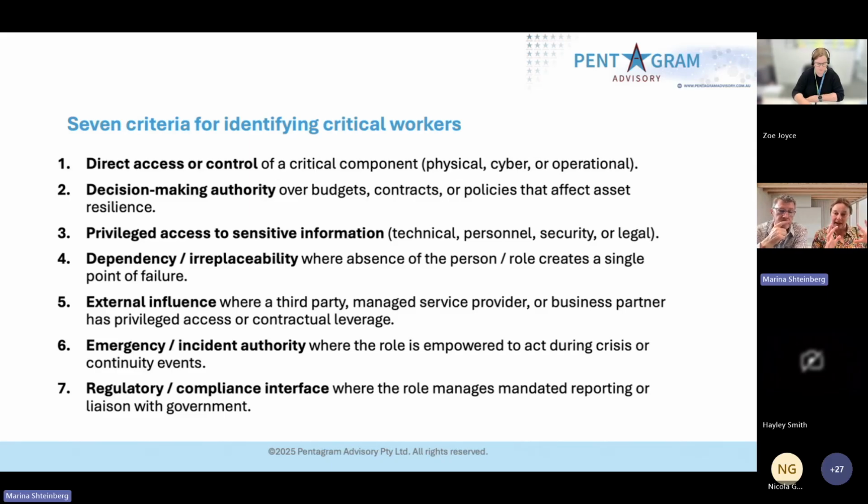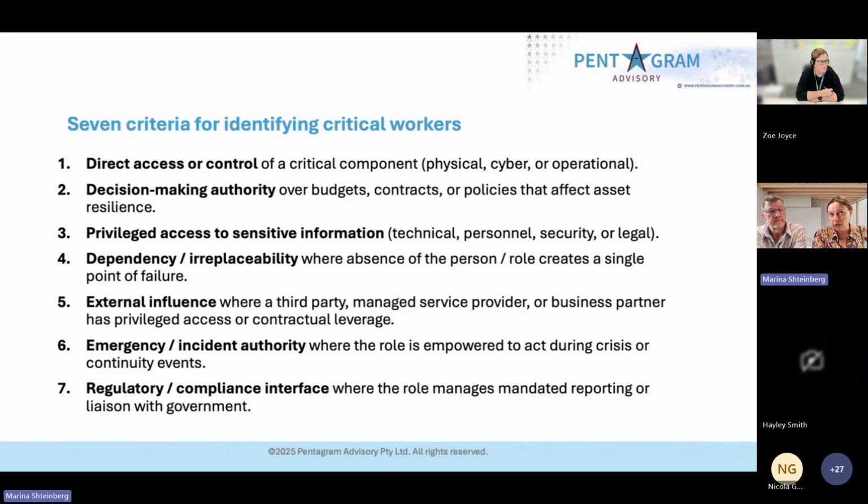That will give you a snapshot of that group. And whilst this might look like a lot of things to do, quite frankly, by going through this process, you are likely to minimize the number of critical workers that are identified, and that's a great place to be. The less you have, the better.